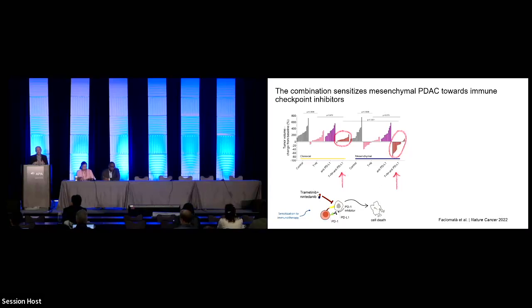When we treated the animals with these combinations, we observed T cell infiltration into the tumors, which we thought might also sensitize to immune checkpoint inhibition. And indeed, specifically in the mesenchymal subtype, we observed a strong response towards immune checkpoint blockade. Thereby, we were able to target, for the first time, the mesenchymal subtype very efficiently and induced tumor regression.